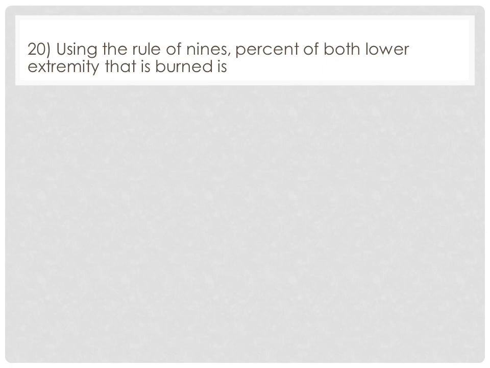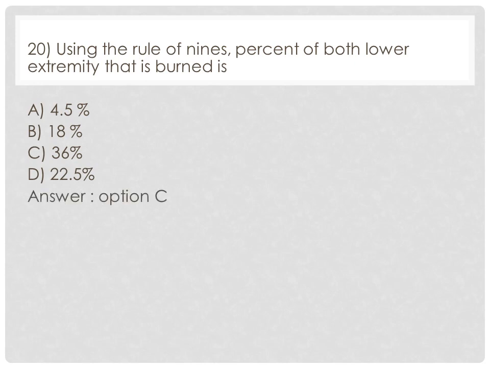Using the rule of 9s, the percentage of both lower extremities that is burned is, the options are A. 4.5%, B. 18%, C. 36%, and D. 22.5%. The answer is option C, 36%.